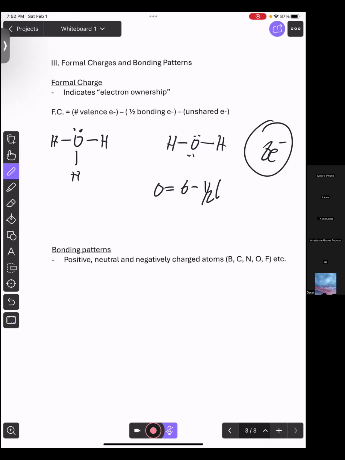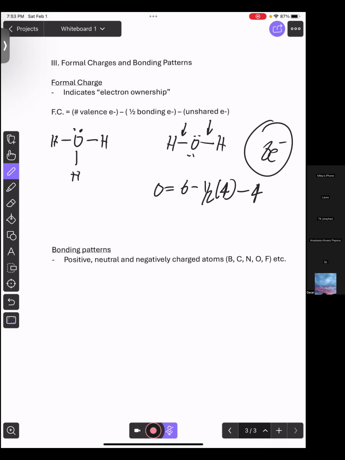It has access to 4 because it has a bond here and has access to a bond there, which means it has access to 4, okay? So we're going to take half of that. And then we're going to subtract however many it owns to itself, by itself, which are the lone pairs. And that is 4 because it has 2 at the top, 2 at the bottom, right? So that is how we do it. Does that make sense?